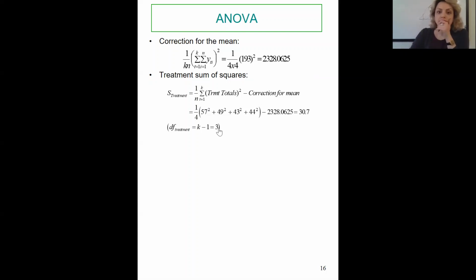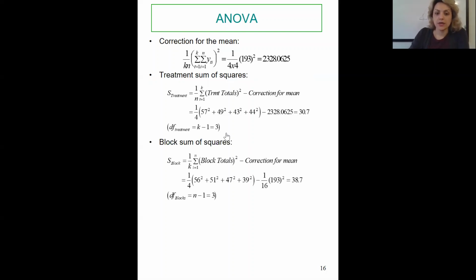And then I would say 1 over 4. This 4 is different from the other: one is for N, the other one is for K. Minus the correction of mean gives you the value. The degrees of freedom is going to be 3 here.